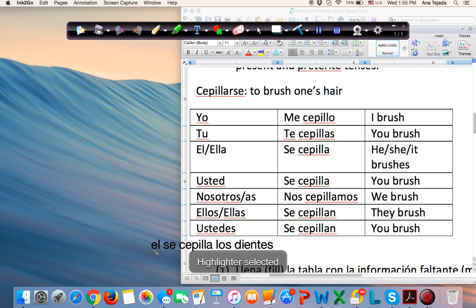We have él, our subject, the reflexive pronoun according to our subject. Cepilla is the conjugation of the present tense according to our subject. And then we have los dientes. He brushes his teeth.